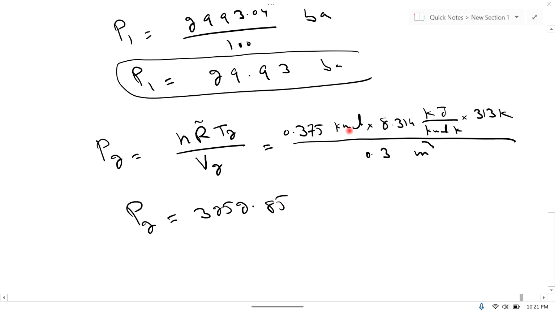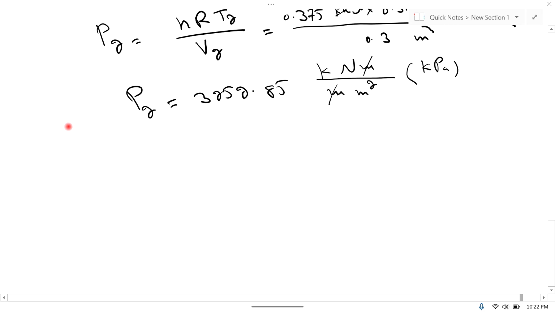3252.85, and calculate the unit. Kilomole will be cancelled with kilomole, Kelvin will be cancelled with Kelvin, so this unit will be kilojoule. Joule is equal to Newton meter, and meter cube is equal to meter into square meter. So meter will be cancelled with meter. So this is kilonewton per square meter, which is equal to kilopascal.